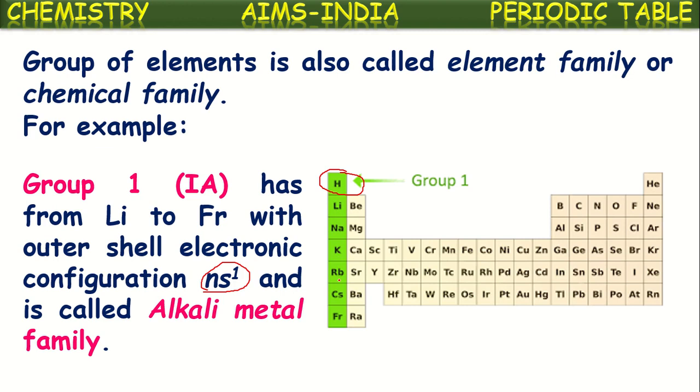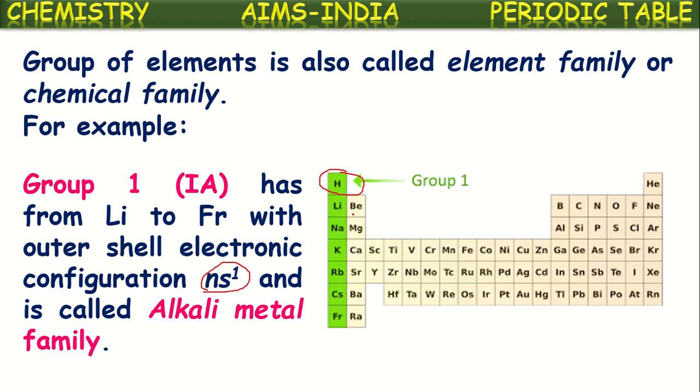Lithium, sodium, potassium, rubidium, cesium, francium. These are all highly reactive metals, and these metals form alkalis. What are alkalis here? The bases which are soluble in water are called alkalis. Now, these 1A group elements except hydrogen form alkalis.